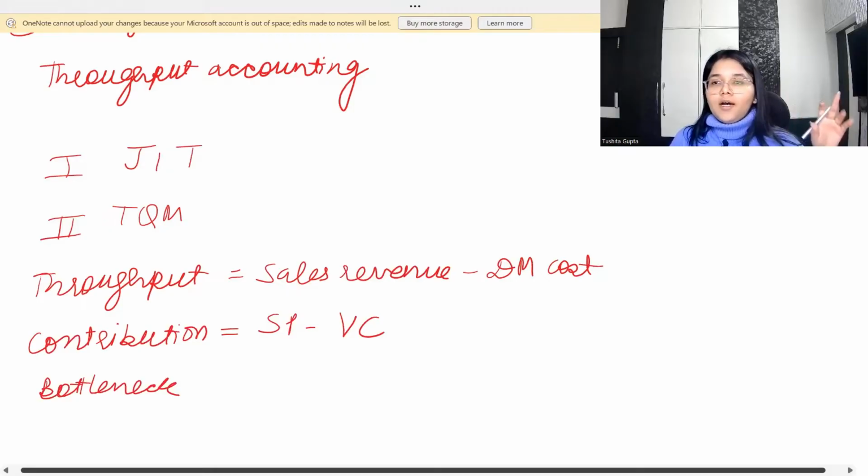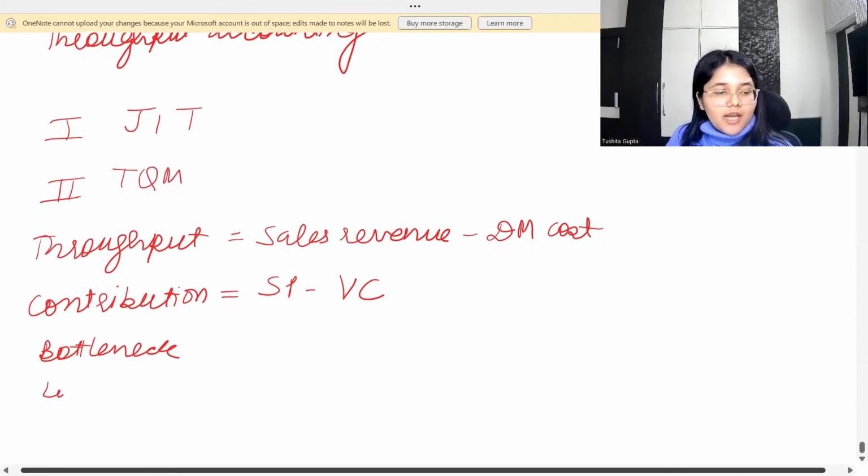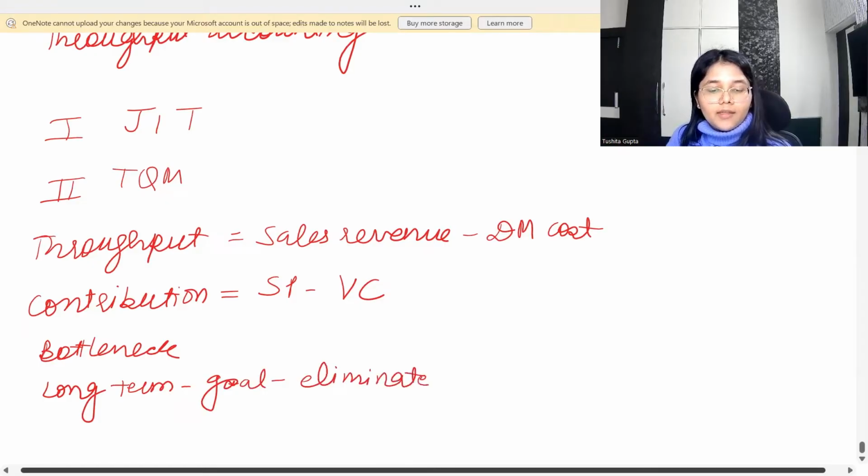So in the long term, when we are employing throughput accounting, our long-term aim is that we should eliminate the bottleneck. So I'll just write it down for you. Long-term, the goal is to eliminate the bottleneck. So this is what our aim is in the long run.